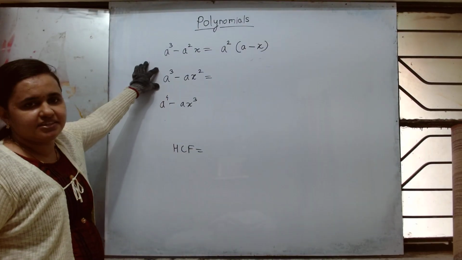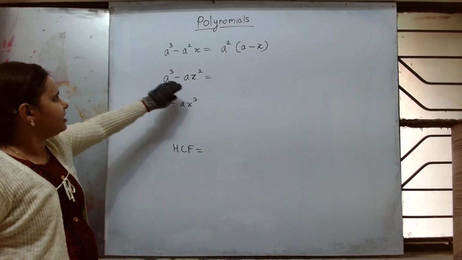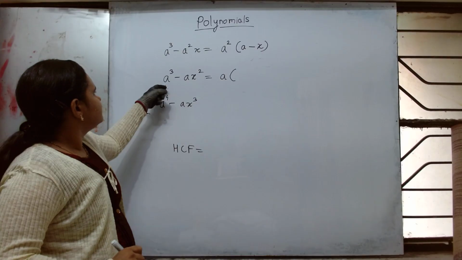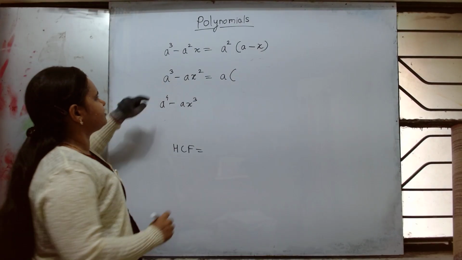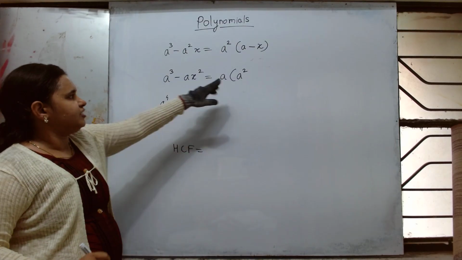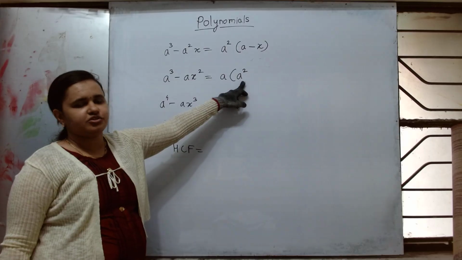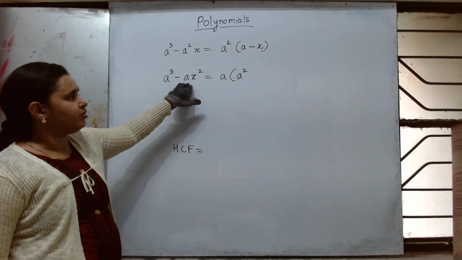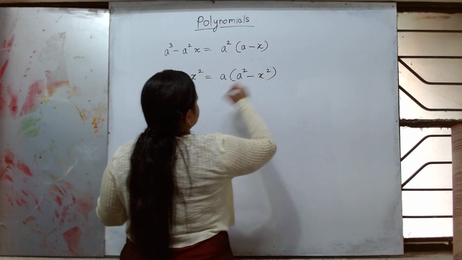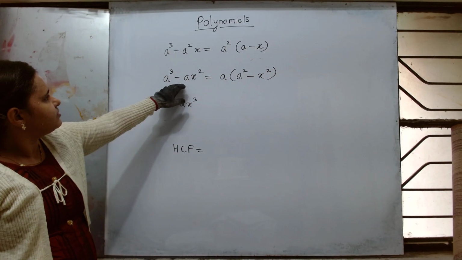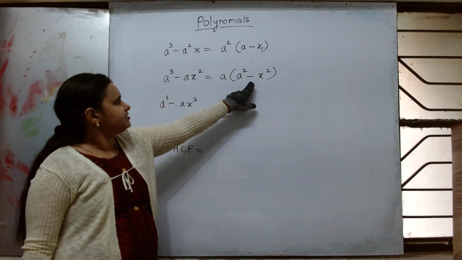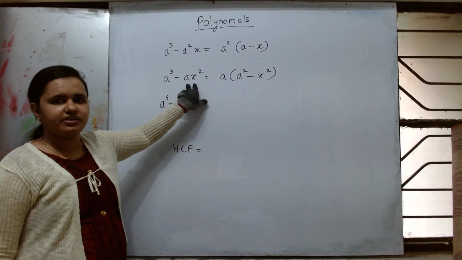Now in the second polynomial, if we take a common, then what is remaining in the first? It is a square. I have taken 1 a common, then 2 a's are remaining. So I have written here a square minus, a taken common, x square remaining. You can check it. A into a square is a cube minus a into x square is ax square.